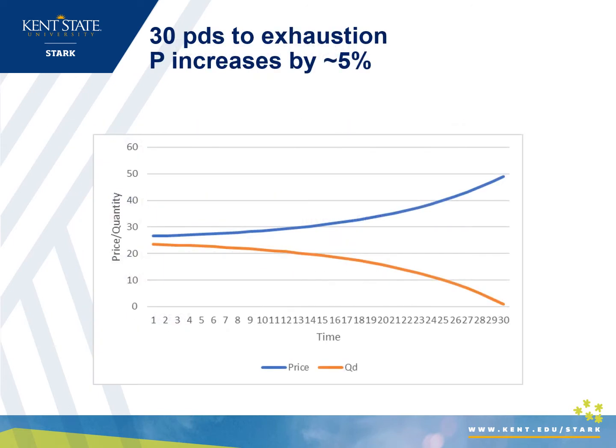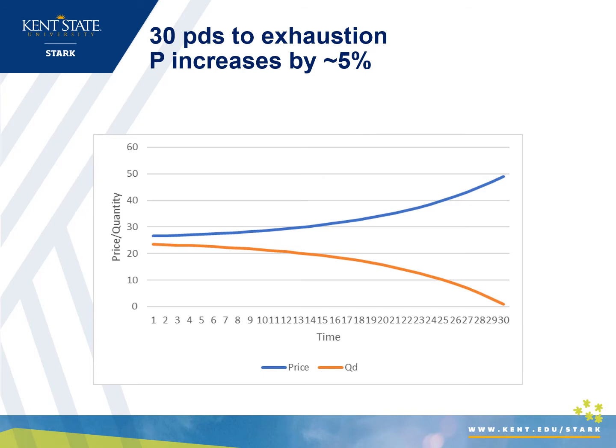So in this case, let's point out some of the differences between this and the previous graph. Here we have that same price and quantity over time. The first thing to note is that this good now lasts 30 periods before we exhaust it, so it's an additional roughly 50% in time. The price, though, is significantly higher when you look at those beginning prices.